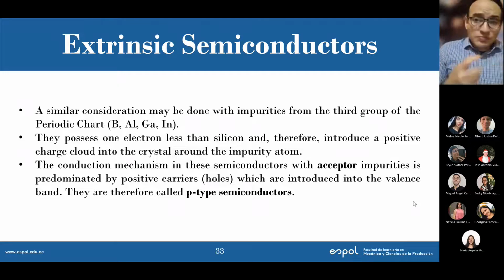So in that case, you are adding acceptor impurities, right? And that creates holes, or what's called positive carriers. Therefore, we call these semiconductors p-type or positive type semiconductors, because I'm introducing a positive charge. There's actually a hole.